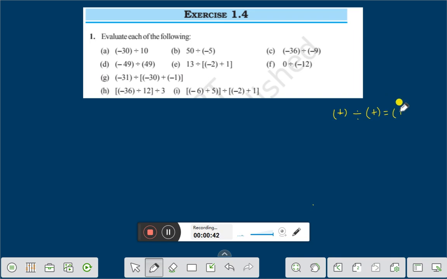You have to remember this one, right? And minus divided by minus will give plus result.